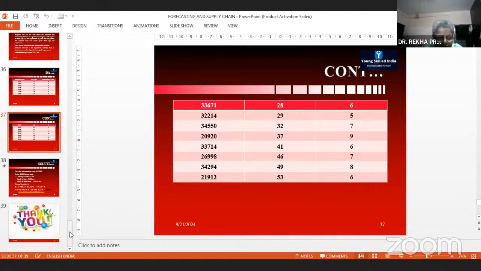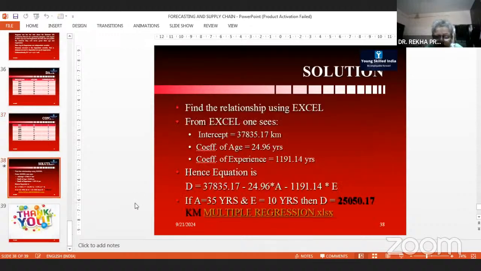Now let us look at the solution. See, now using Excel, one second.